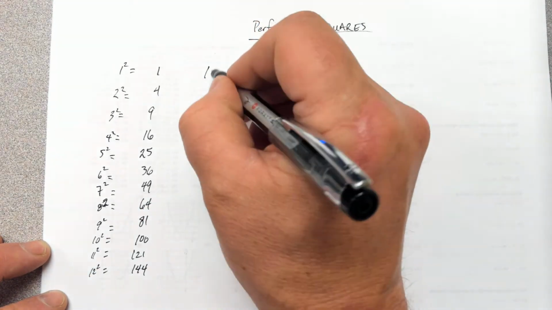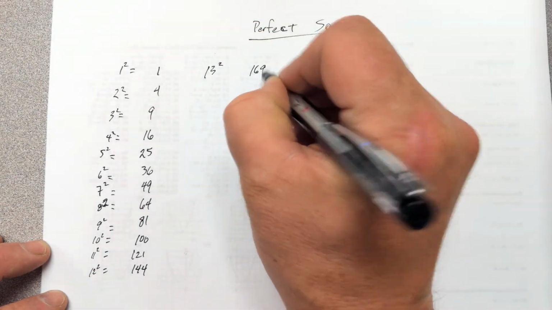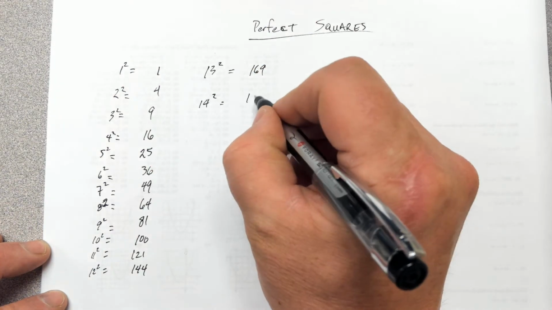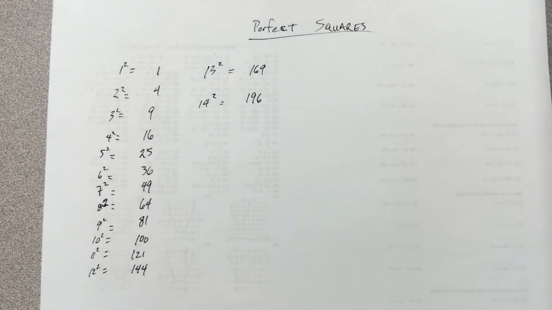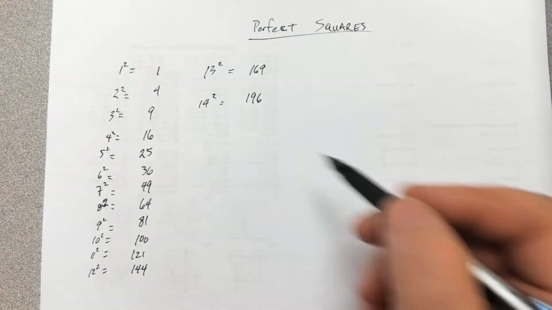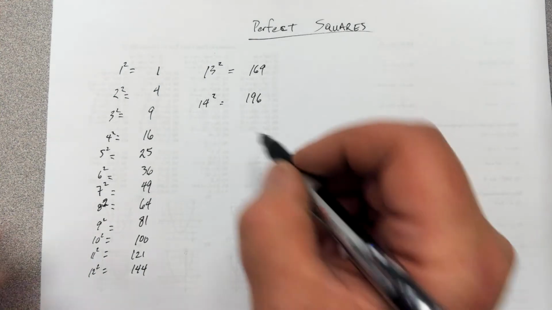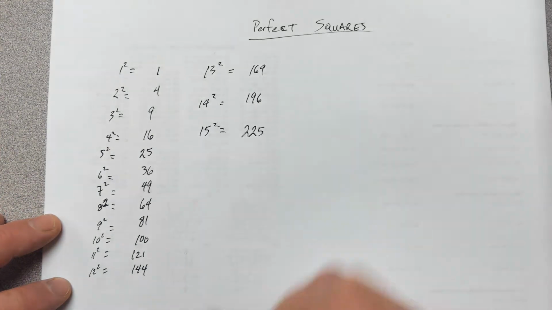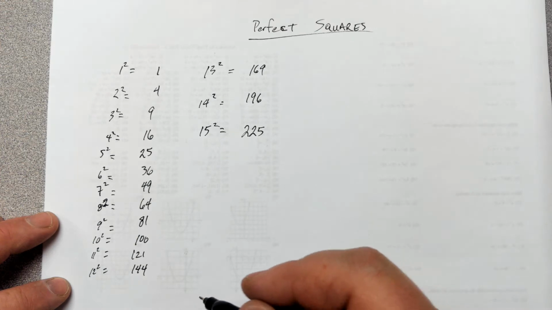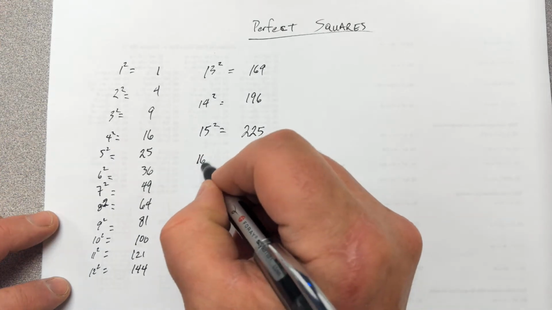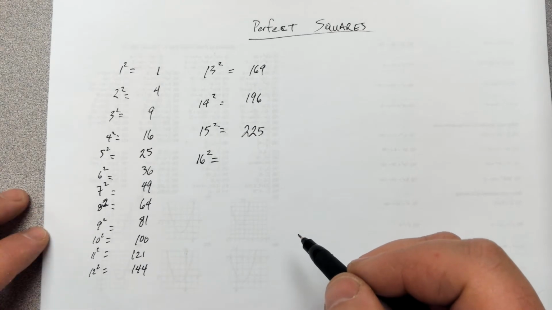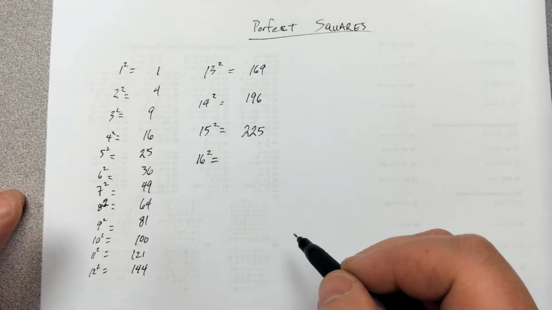Next, 13 squared is 169. 14 squared, check this out. Turn it around. You see? They just switched the 2 numbers. And then 15 squared is 225. And then 16 squared, do you remember?